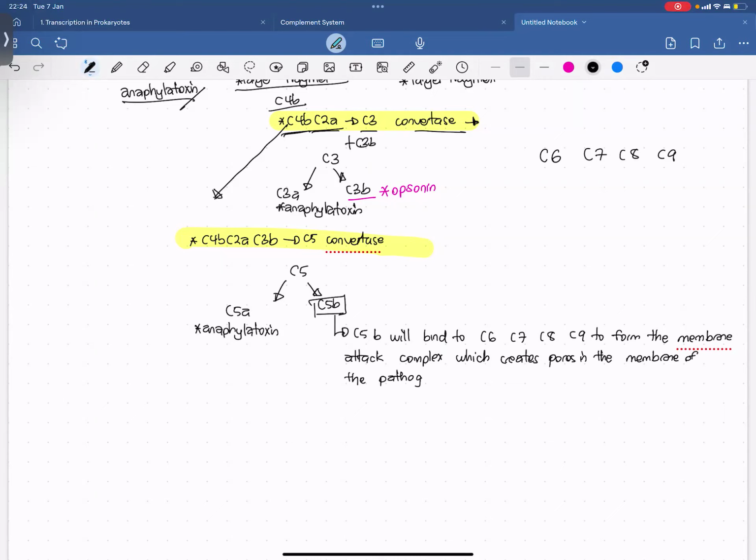So can you see that we have achieved all the goals of complement proteins? I think you can see it now.